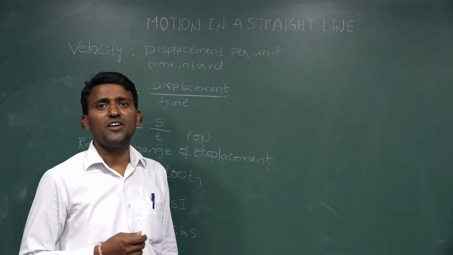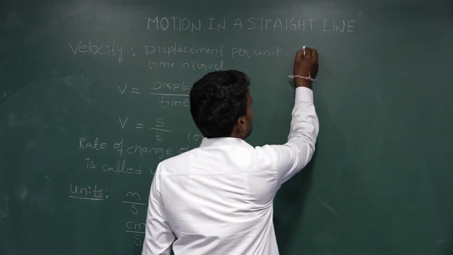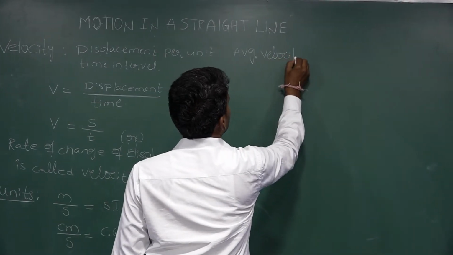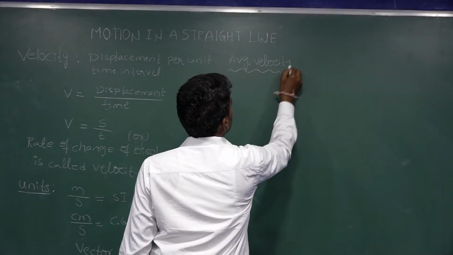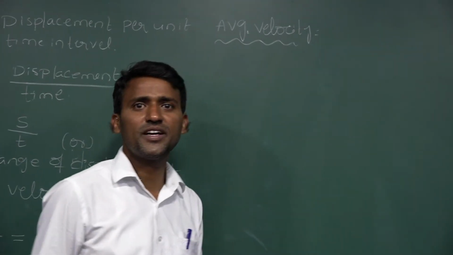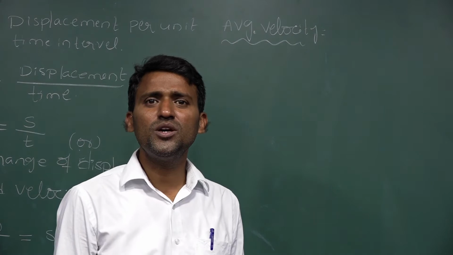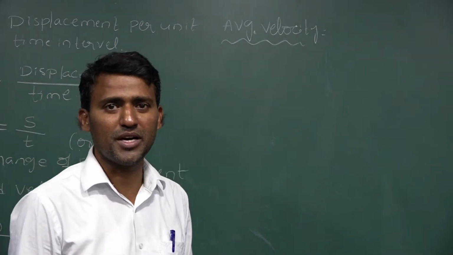Now what is average velocity? Average velocity is defined as the ratio of total displacement covered by the particle to total time taken by the particle.